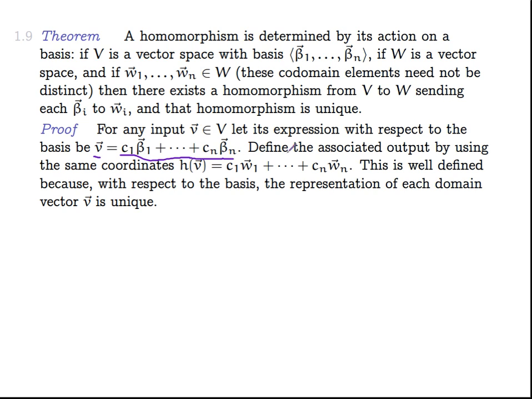All right, now let's define the associated output by using the same coordinates with h of v equal to c1 w1 plus ... plus cn wn. This is well defined because with respect to the basis, the representation of each vector v in the domain is unique. So I take any vector in V, I can express it uniquely in terms of the basis, and then I can uniquely define h of v in this way.